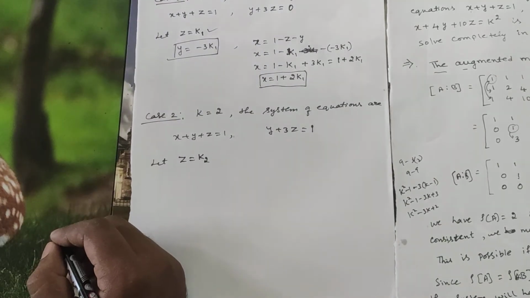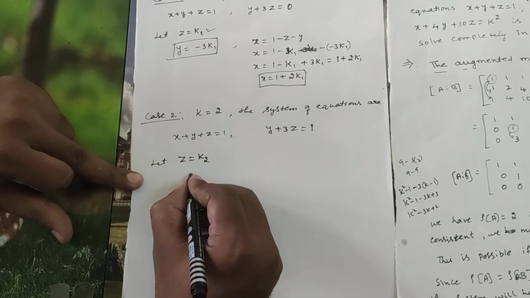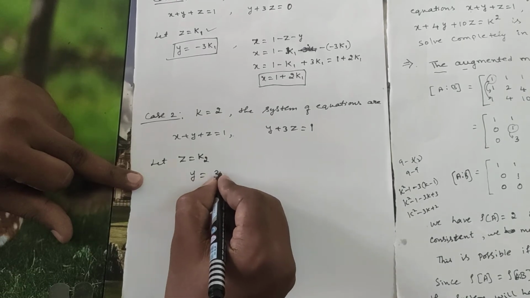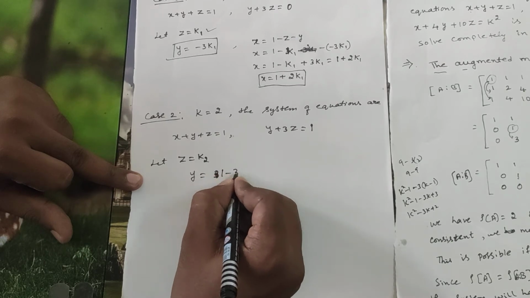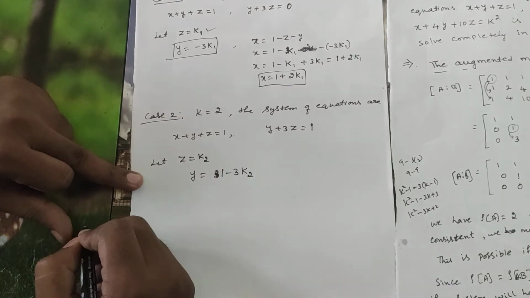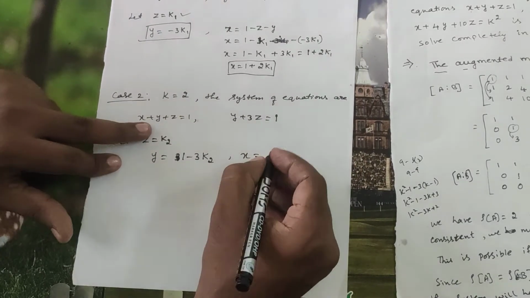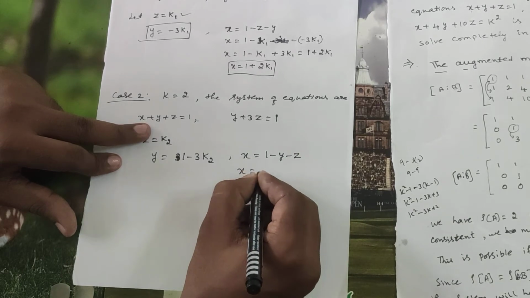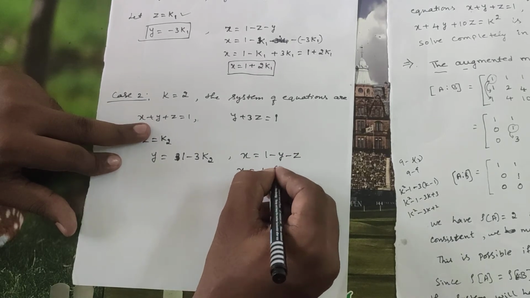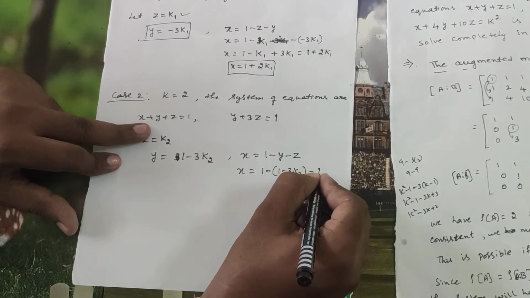Since there are infinite solutions, what do you get here? y equals 1 minus 3 k2. And here you have to find out the x value. x equals 1 minus y minus z. So x equals 1 minus 3 k2 minus k2.